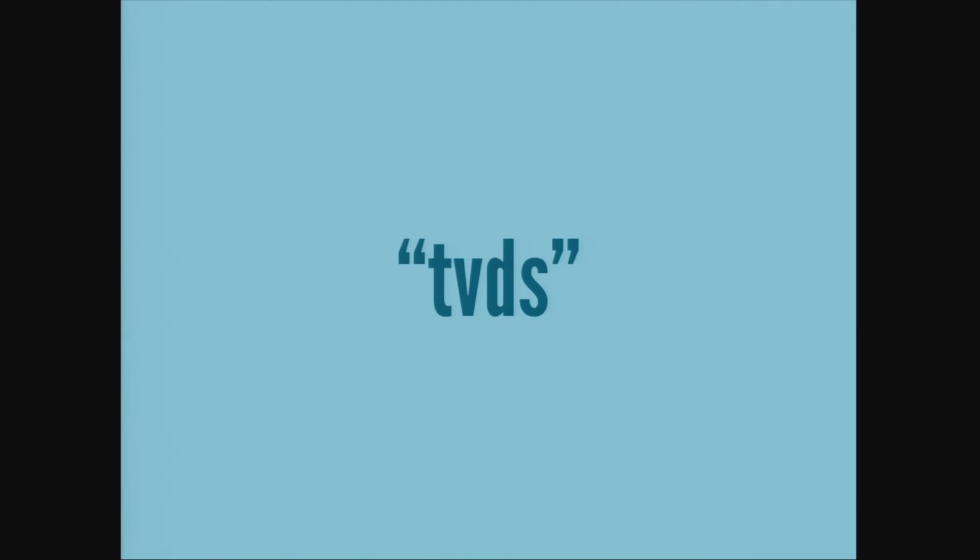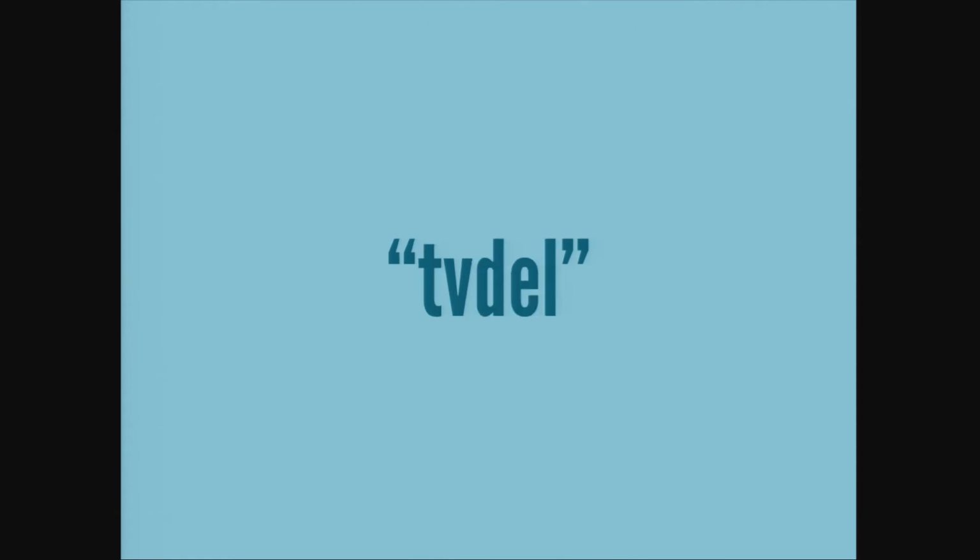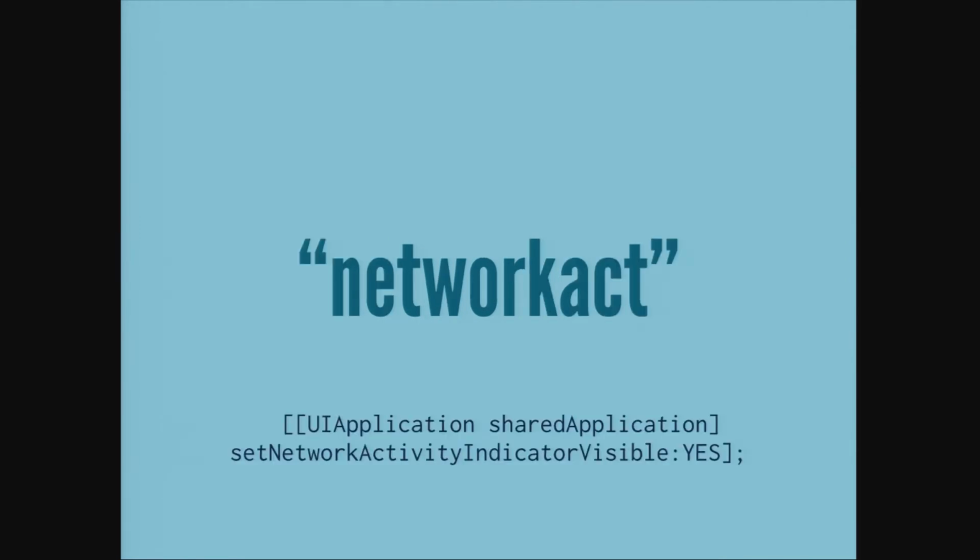TVDS gives me a stub table view data source. SWF, string with format, right? I want to save the keystrokes. I could type SWF and it puts my cursor exactly where it needs to be to continue typing. tvdel is table view delegate. Here's another one that I use a lot, network activity, network act.